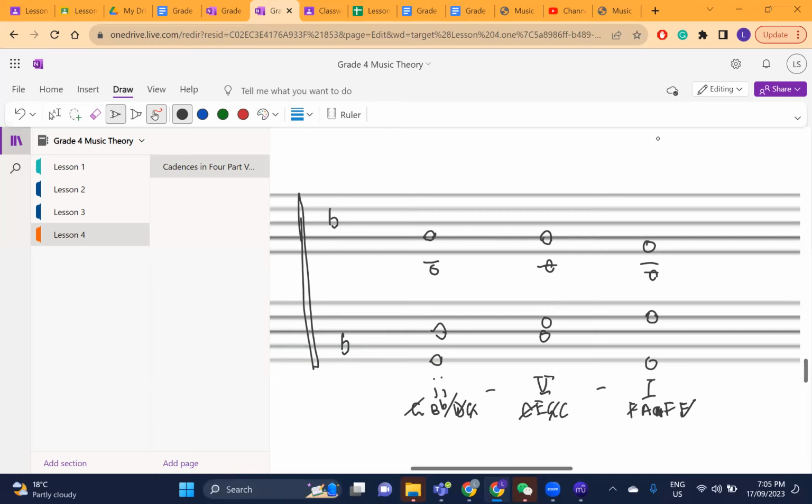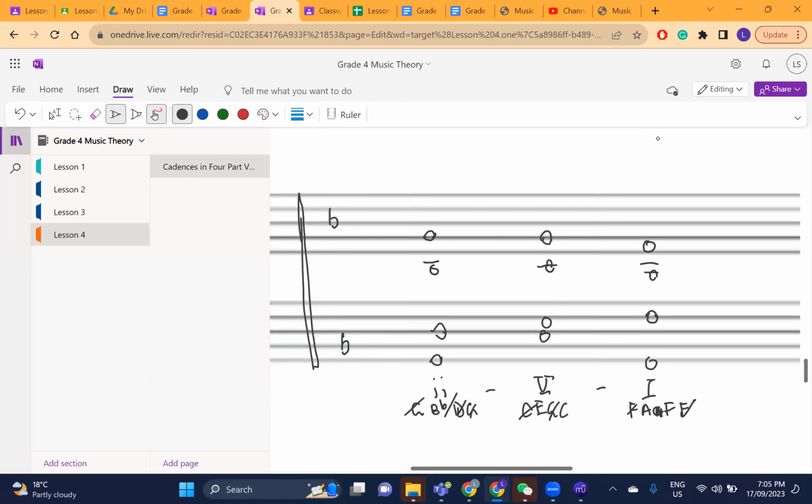Yeah, that's right. So starting on a 2 minor chord, 5. So this is this.